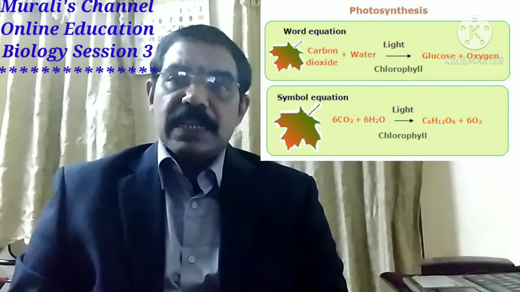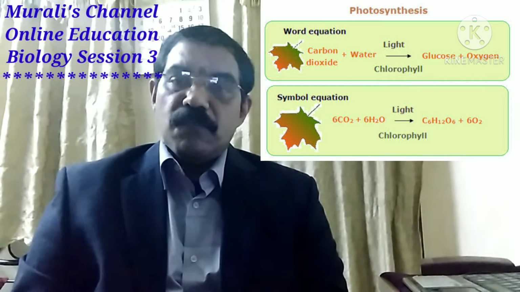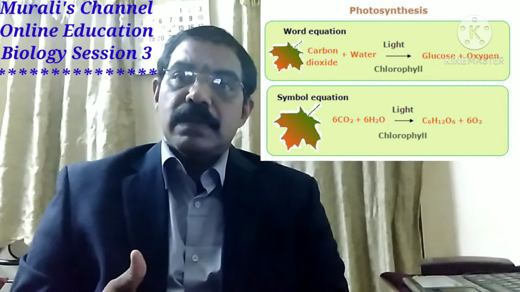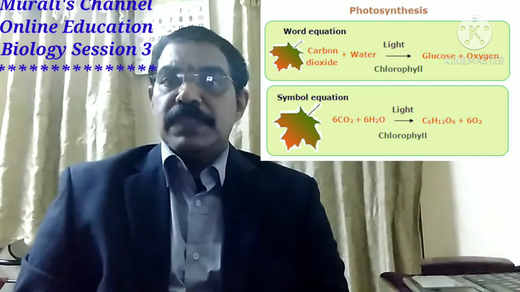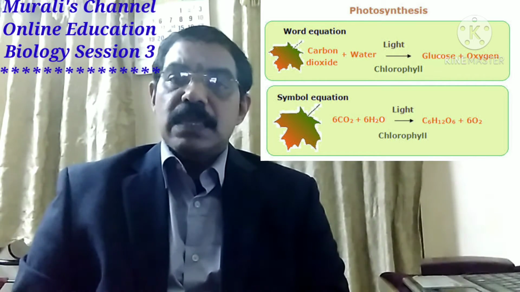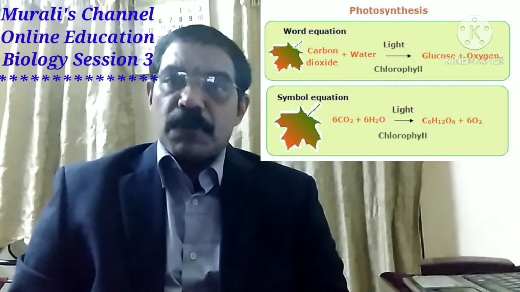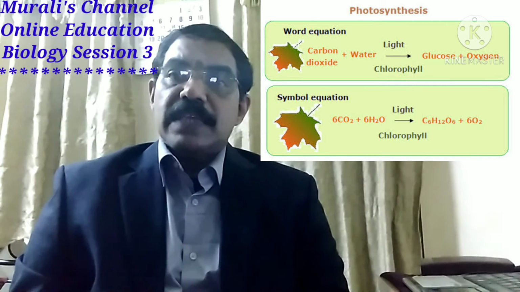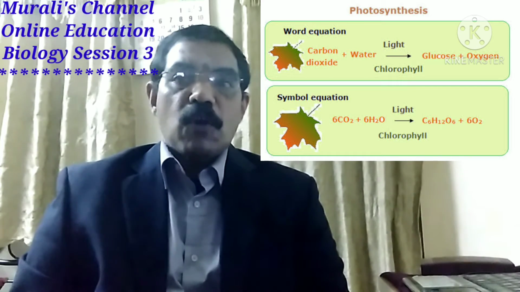In the presence of sunlight, in the sense that light is utilized by autotrophic organisms especially. When I say autotrophic organisms, autotrophy is the process of organisms which utilize their own food. That's what autotrophs are.